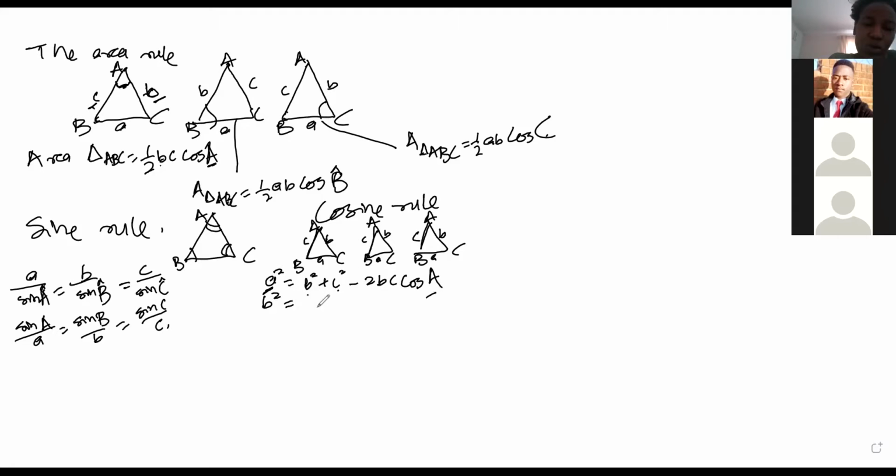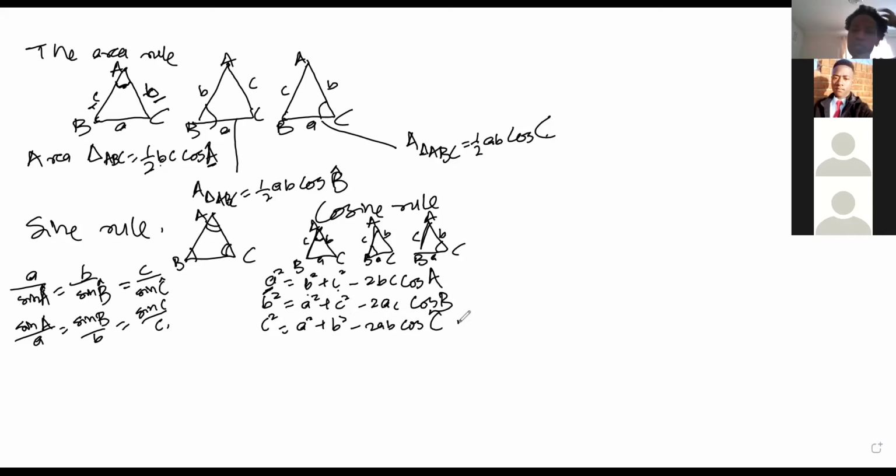Same, b squared will be a squared plus c squared minus 2ac cos B, here using b. And c squared will be a squared plus b squared minus 2ab cos C. Okay, so that is your cosine rule.